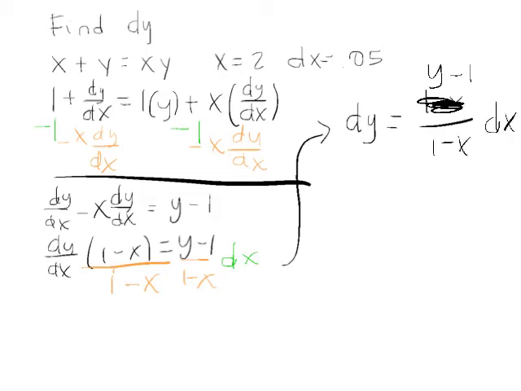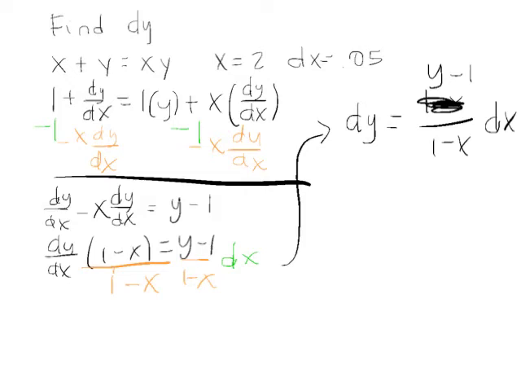And then we can substitute in all the stuff that we know. Well, what is y? That's the first thing. We'll go back to your original problem and figure out what y is equal to. We take this 2 right here and substitute it into our original problem, so this is a two-stepper.